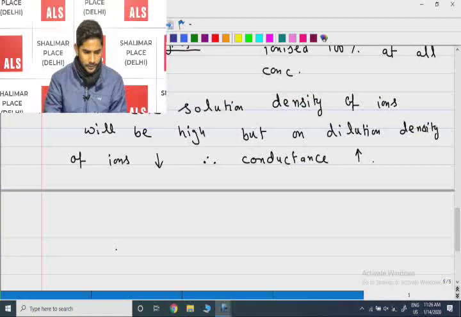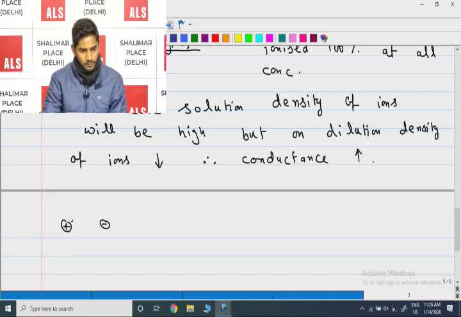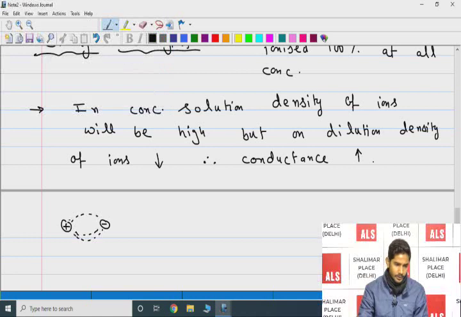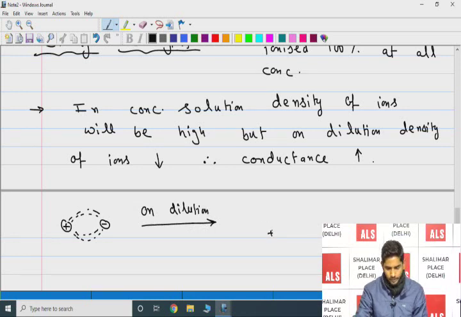See the different scenarios. This is the case of concentrated solutions. This is the attractive force. Now on dilution, what will happen? The distance between the ions will increase, and due to that, this attractive force will decrease.